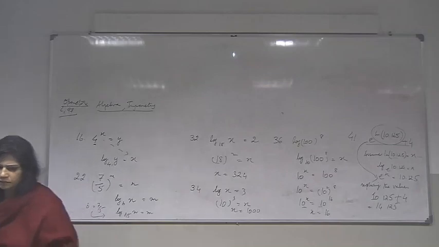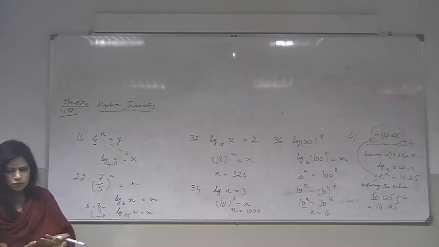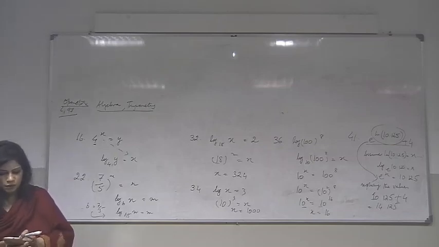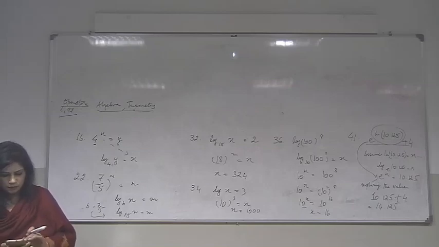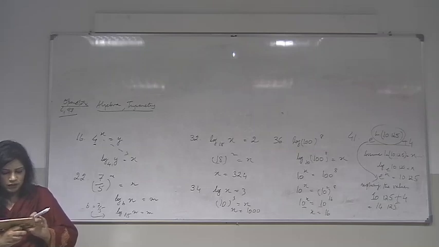Now there are other questions, okay, there's question 48 for instance. It says log 1 plus 7. So you can simply find out the value of log 1, it gives you 0.